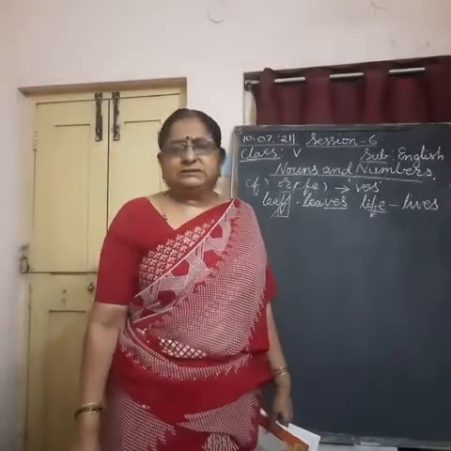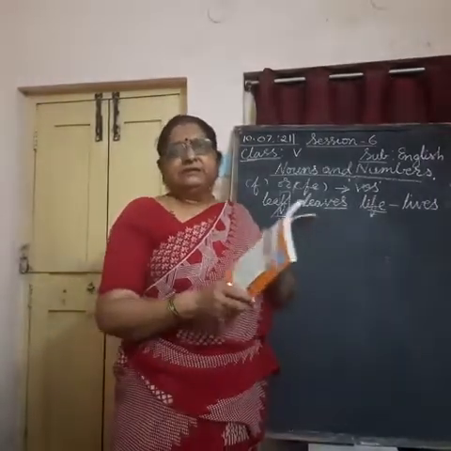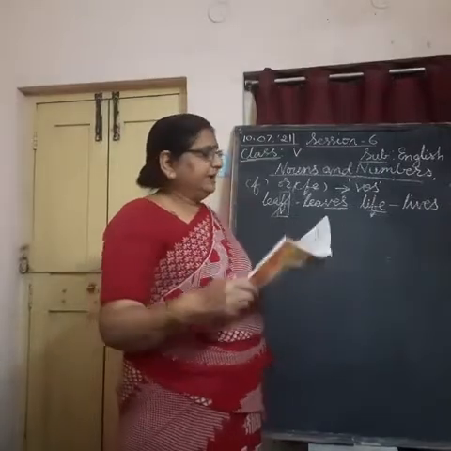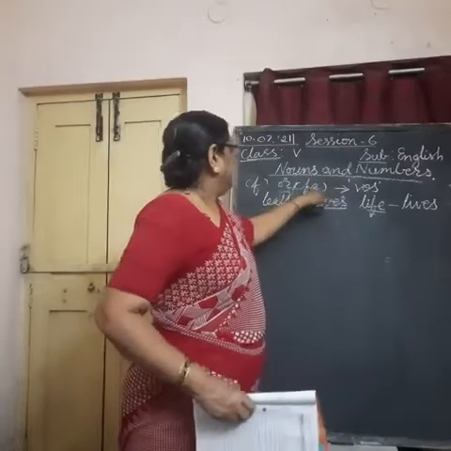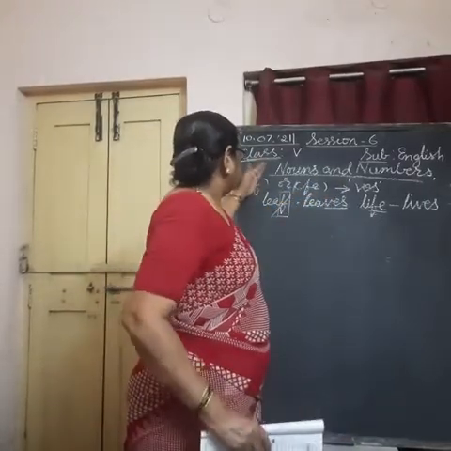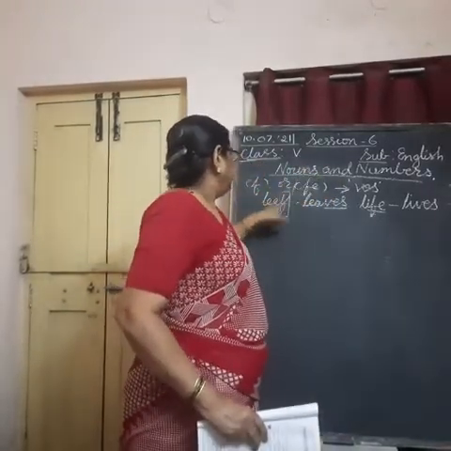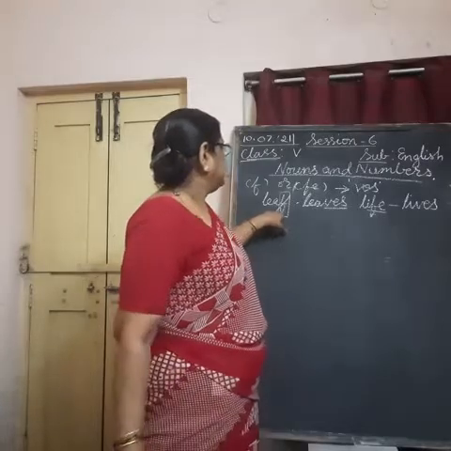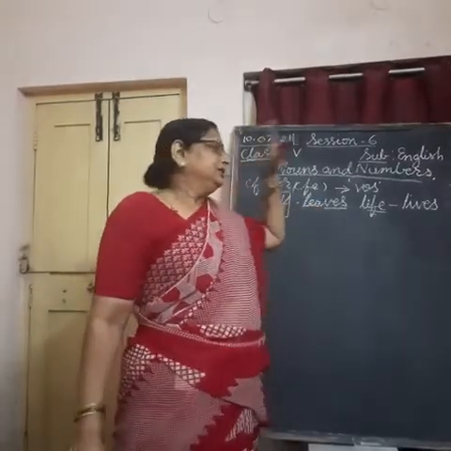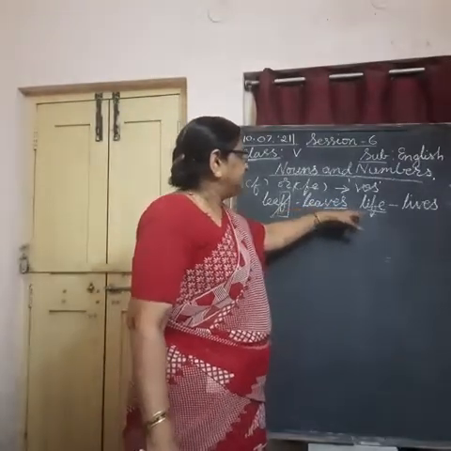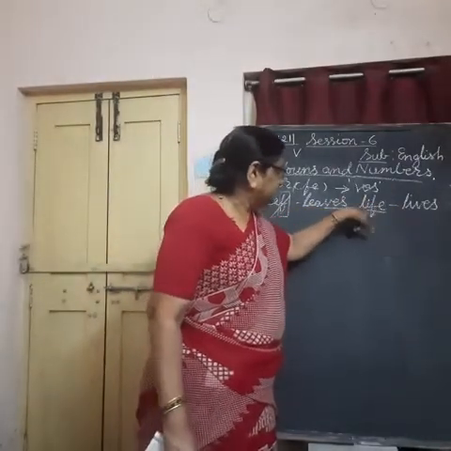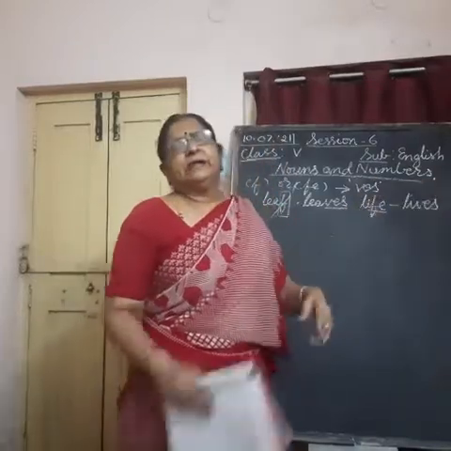Wolf, wolves. Understand? In this way, if the word ends with F or FE, we are changing it to VES. If F is there, we are cancelling F and writing VES at the end to make it plural. When the word ends with FE, then we are cancelling FE and writing VES.